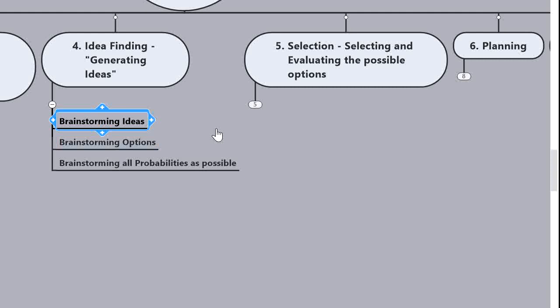Usually in brainstorming in general, you don't give enough time for studying the ideas. Maybe you lose some details, because there is a very disruptive question we ask, especially about probabilities.